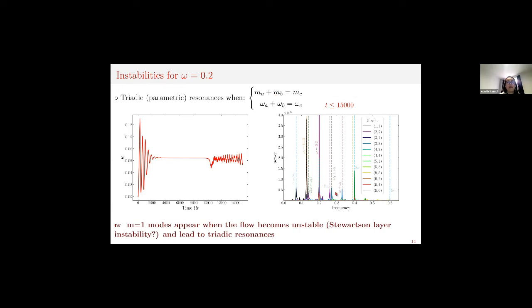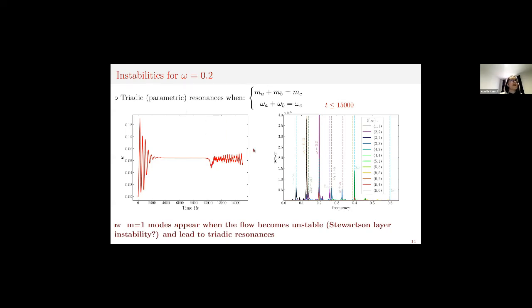So what's happening here is that we have some triadic resonance between 0.02 and 0.13 and all the other peaks. We don't really know why this m equal 1 mode is appearing, but it is sure that it is leading to triadic resonance and to the instability of the flow.